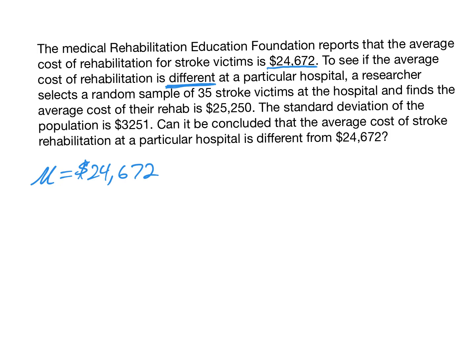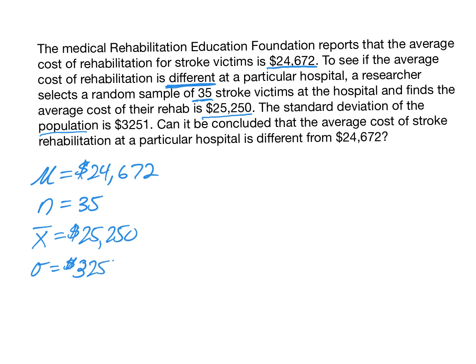A researcher selects at random 35 stroke victims, so therefore N is 35, at a hospital and finds the average cost of their rehab to be $25,250. So that is our X bar, because that is an individual hospital, $25,250. The standard deviation of the population, so I just gave us sigma, is 3251.